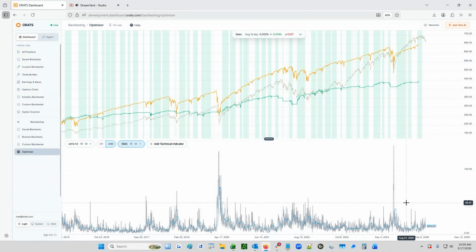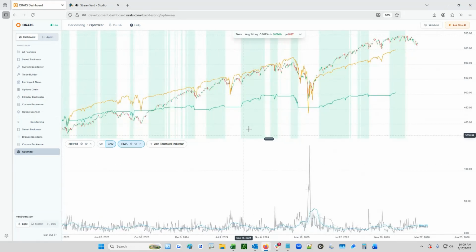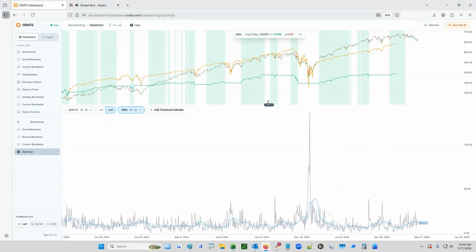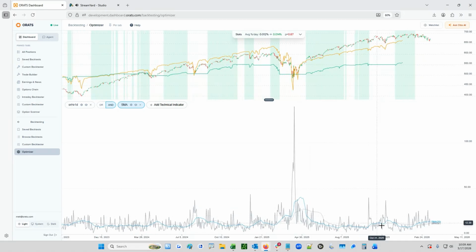So we could zoom in. Let's zoom in a bit here. There's a high peak here, so it kind of throws it off. But you can see the green is when you're in the trade, and you get out of the trade when the green is complete.